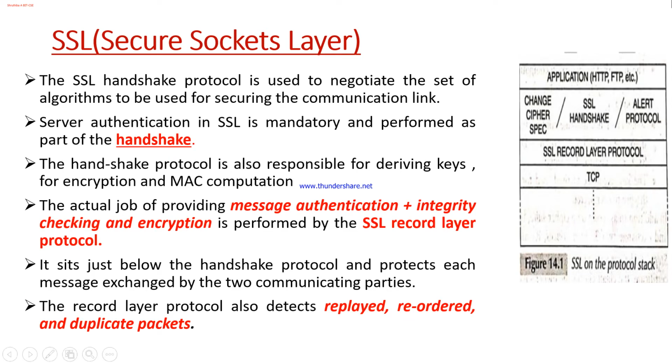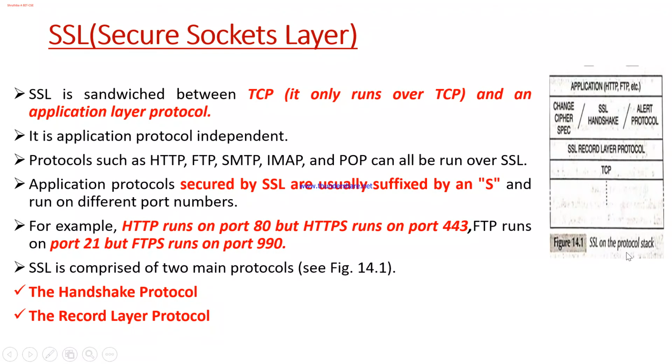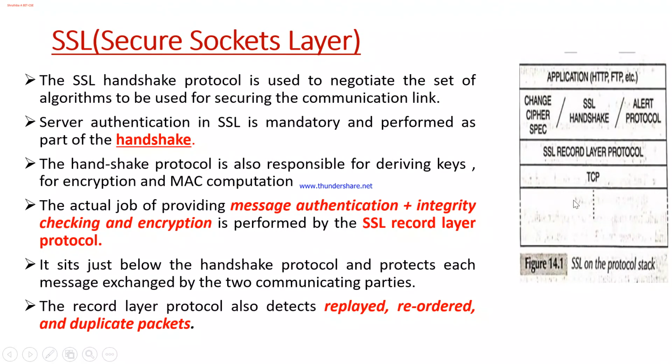The same thing has been put up here, and you can see in this figure the SSL protocol stack: the SSL handshake, alert protocol, and record layer protocol. You can see the record layer protocol is just below this. In the application layer you can find HTTP, FTP, SMTP, IMAP, POP. I'll tell you about the change cipher specification shortly. Between TCP and the application you can find the SSL handshake.